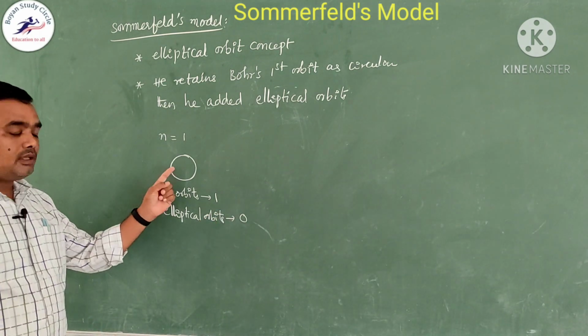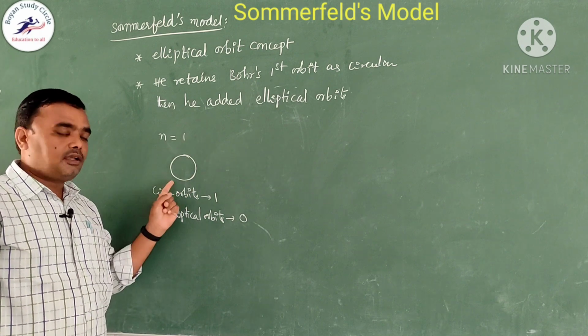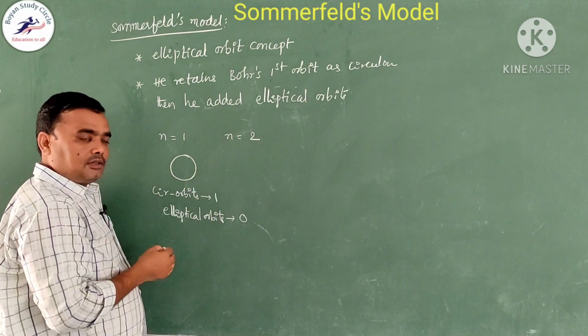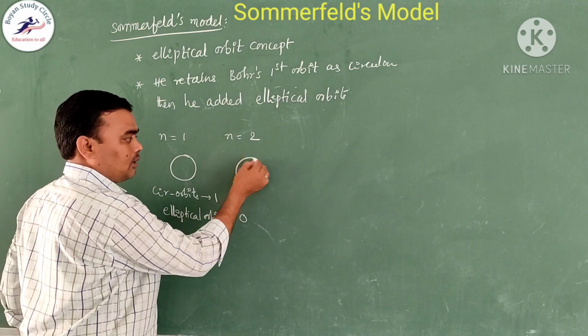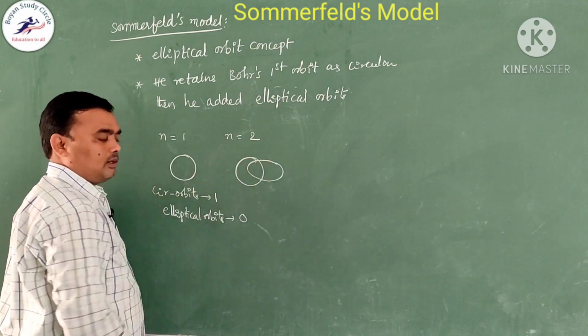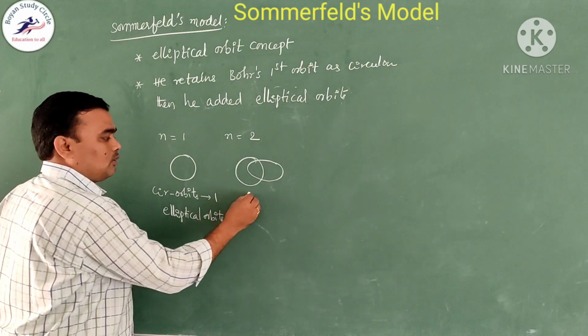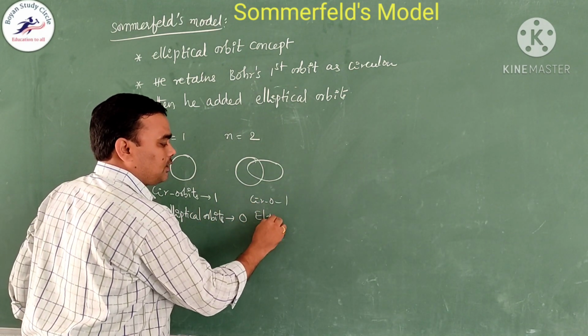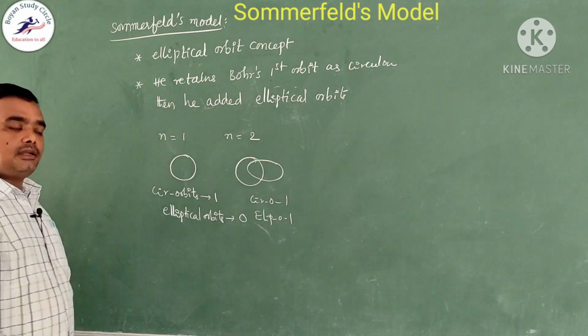That means, if there is only one orbit, that should be circular. When there are two orbits, one is circular and the second one is elliptical. So, the circular orbits are 1 and elliptical orbits are 1.